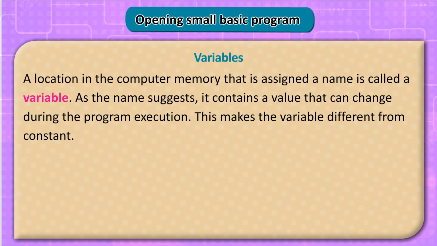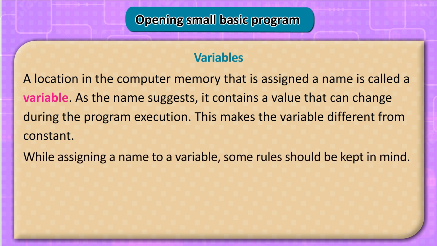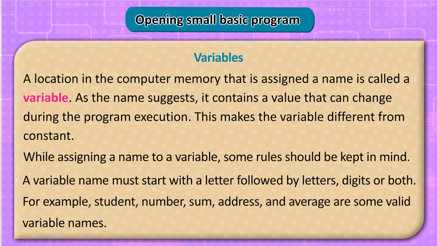Variables. A location in the computer memory that is assigned a name is called a variable. As the name suggests, it contains a value that can change during program execution. This makes a variable different from a constant. While assigning a name to a variable, some rules should be kept in mind. A variable name must start with a letter followed by letters, digits or both.